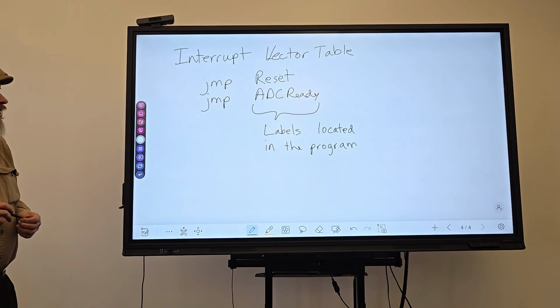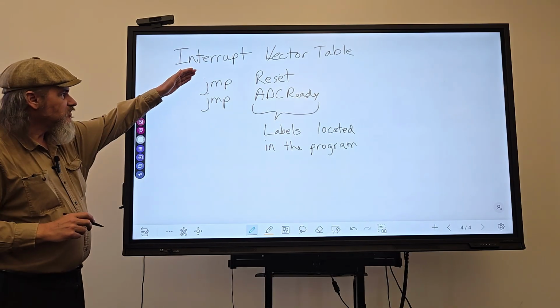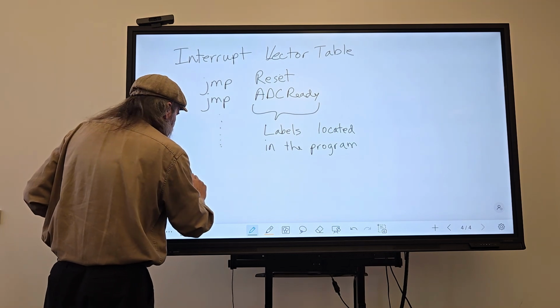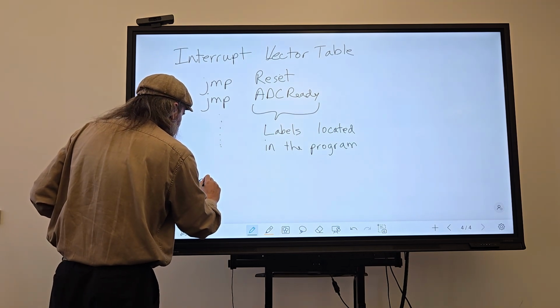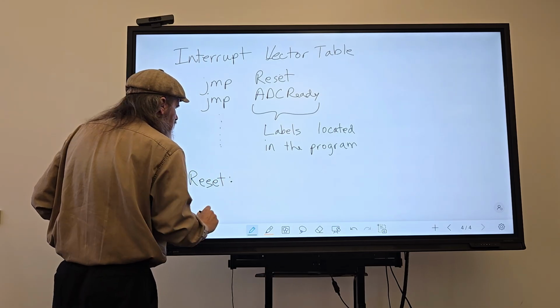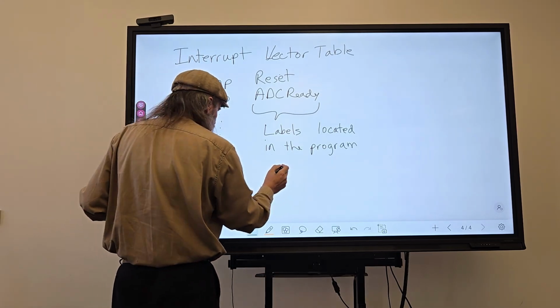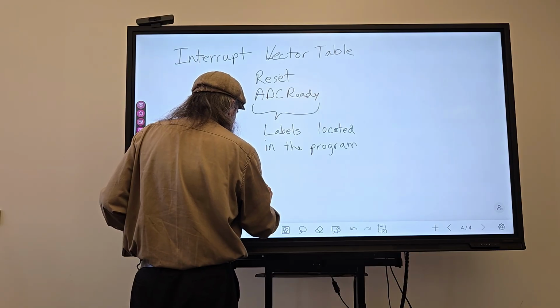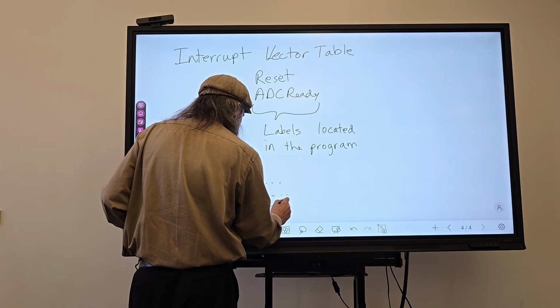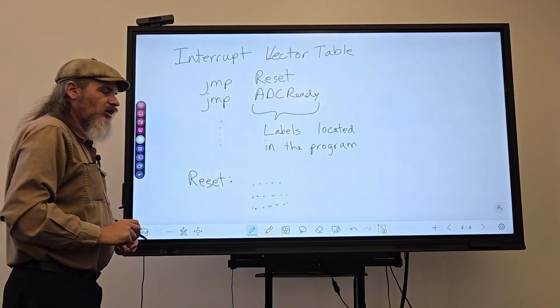So you would have this interrupt vector table, and then at some point you would have reset, colon, and then whatever instructions you want it to run when it first starts up.